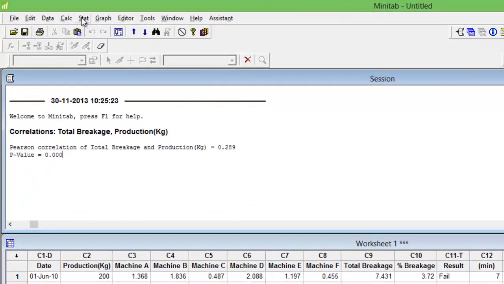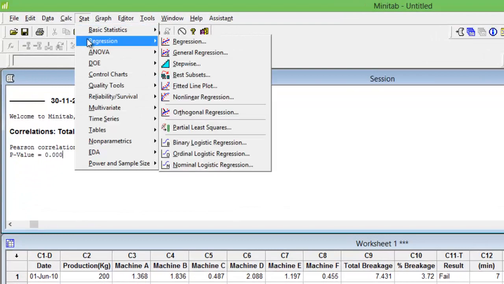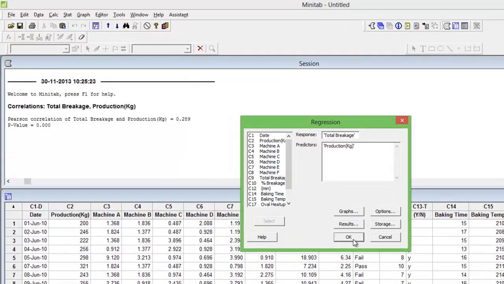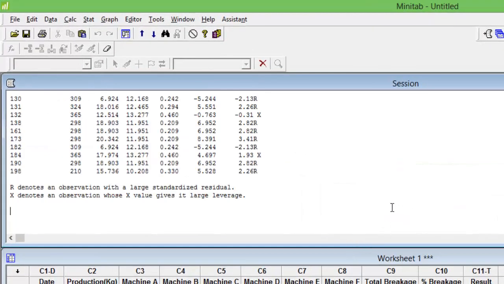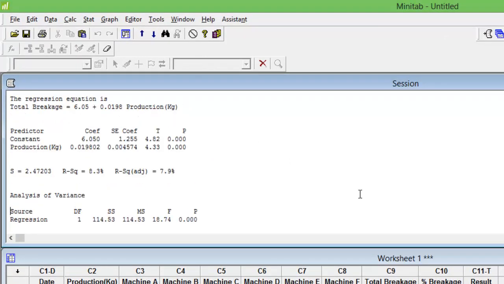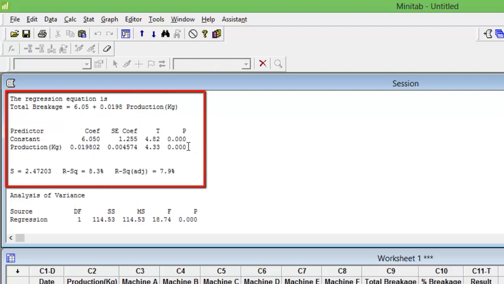Regression will again lie in stats, regression. Choose in the response column your Y, which is my total breakage here, and X, which is the production in kg. Press OK, scroll upwards. If you see here, it is saying production and it gives you a p-value.